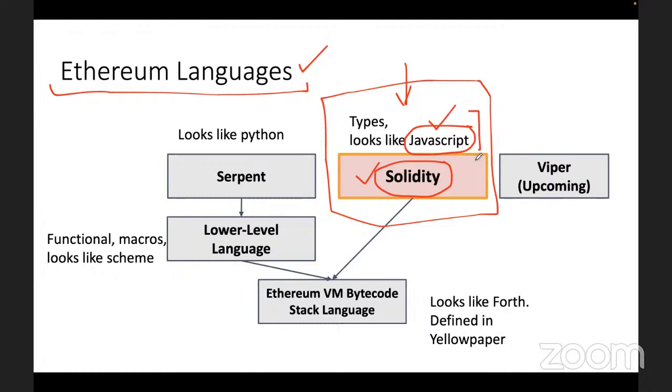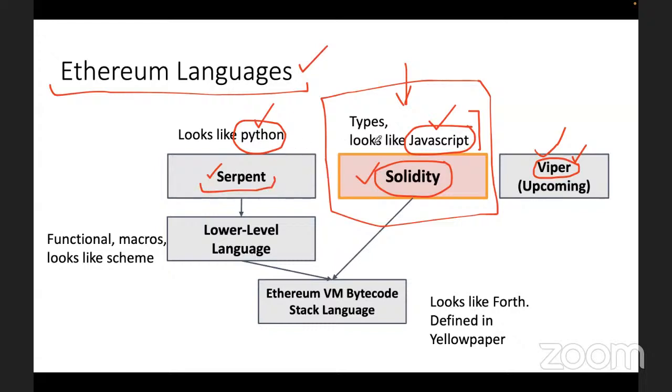Now, let's say any student has knowledge of Python, then for them Serpent is a language you can use to write the smart contract, or Viper is an upcoming language. Not much support is available for Viper developers, but over a period of time, those who love Python can also use Viper to write the smart contract.